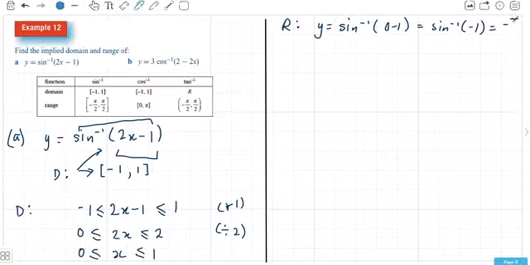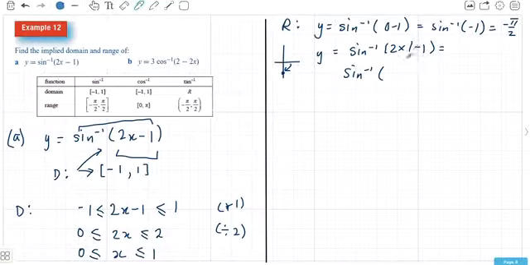That would be -pi on 2, okay, because -1 is down here. And if you were to put your other value of 1 in, you'd have 2 times 1, take away 1, which equals inverse sine of 1, which is pi on 2. So that makes sense then for our range to be between -pi on 2 and pi on 2.